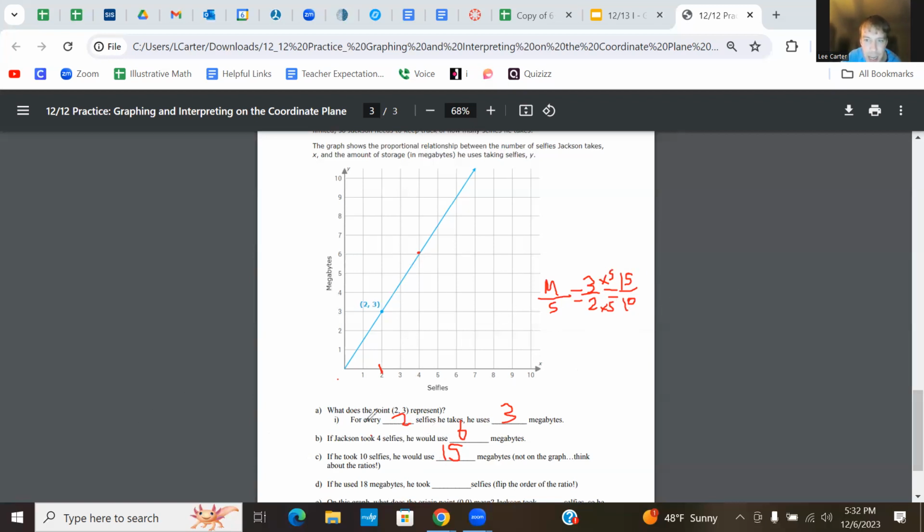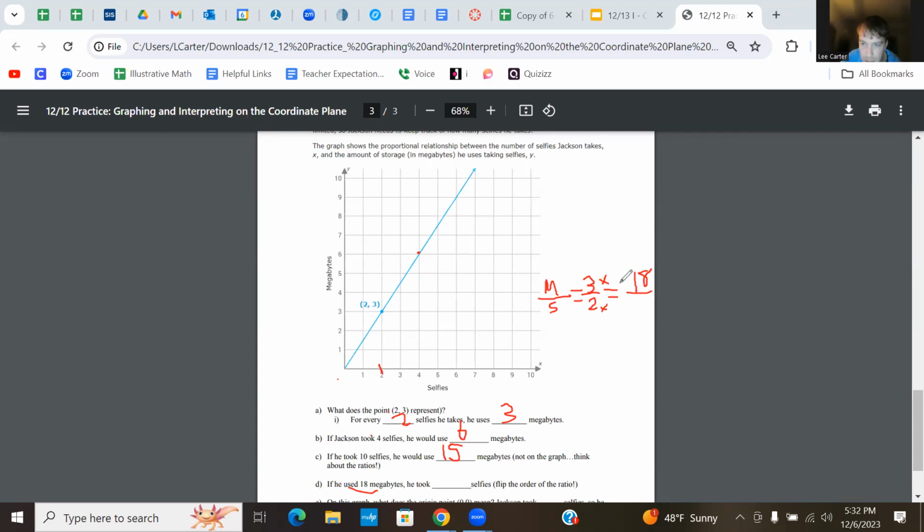All right, if he used 18 megabytes, he took blank selfies. So you got to make sure you're careful with the order of the ratio here. Okay, so here it's not times 5, certainly. So the ratio of 3 to 2, yeah. All right, but here we got 18 megabytes right here.